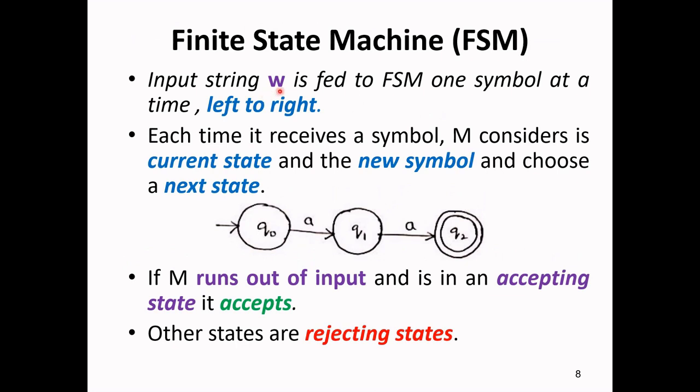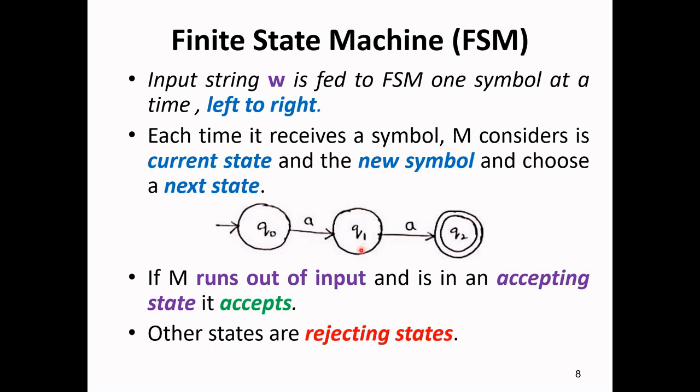Input string is fed to the finite state machine one symbol at a time from left to right. Each time it receives a symbol, considering the current state and the new symbol, it goes to the next state. For example, current state is Q0. For the new symbol A, it is going to the next state, that is Q1.